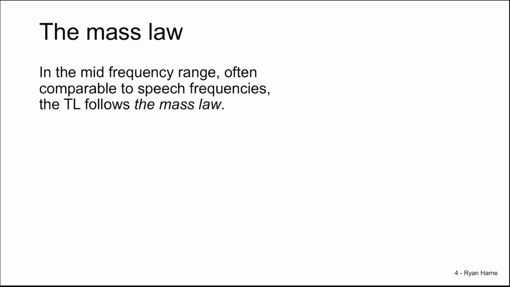In the mid-frequency range, oftentimes the speech frequency range, we see that the transmission loss follows the mass law. The mass law is approximately equal to 10 log 10 of the quantity 1 plus omega m, the surface mass density, divided by 2 rho naught c, where rho naught c is the specific acoustic impedance of air.